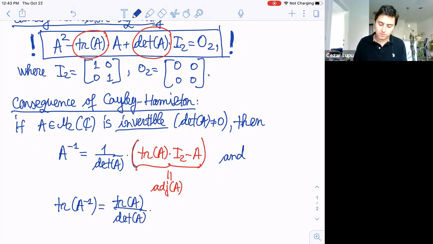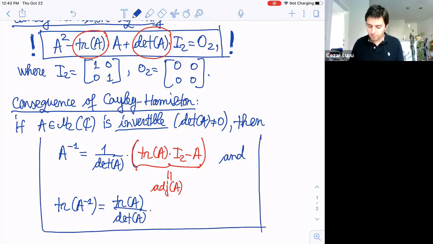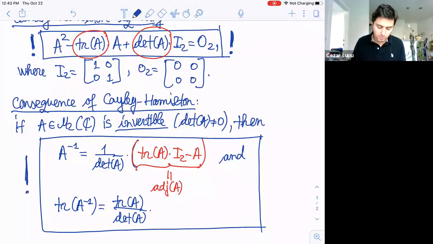So these are consequences of the Cayley-Hamilton equality. You don't have to know this by heart, but you can derive them easily, right? For example, you can multiply the Cayley-Hamilton by the inverse, and you will derive exactly this.